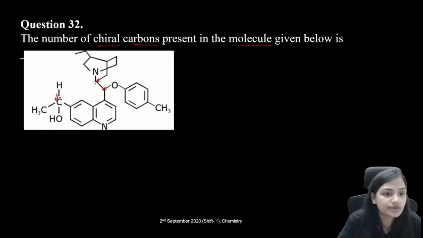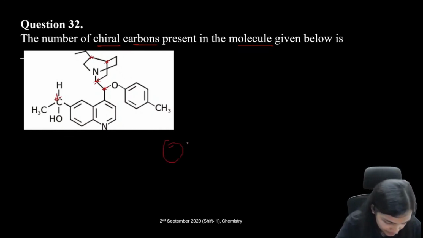So 1, 2, 3. After 3, this is also the chiral atom. How many are there? 1, 2, 3, 4, 5. Any other chiral atom? They are 5 in number. Okay, 5 is the answer.